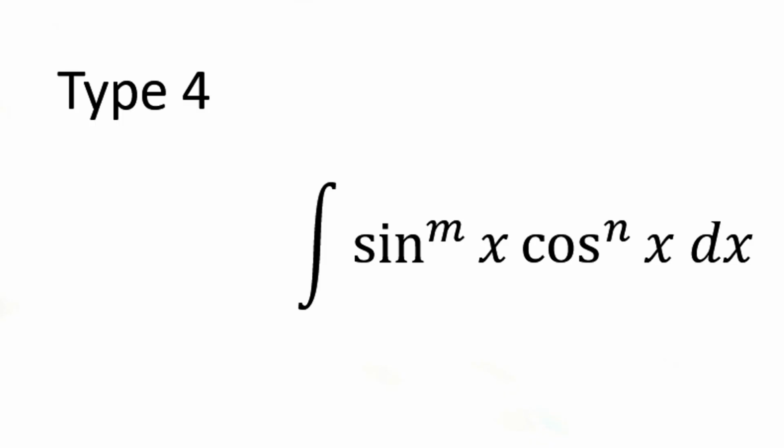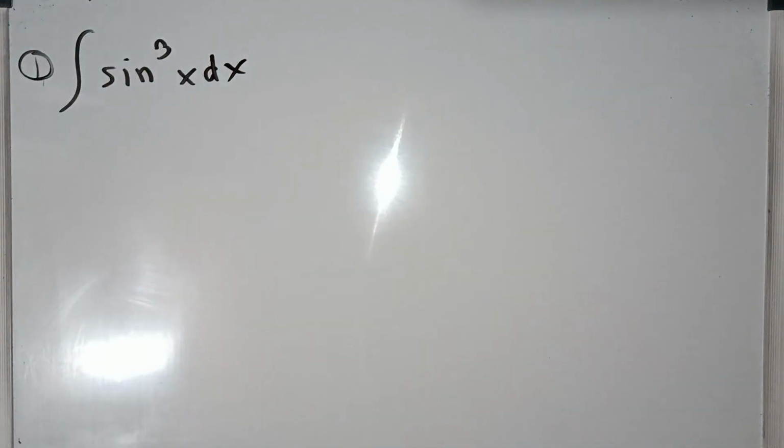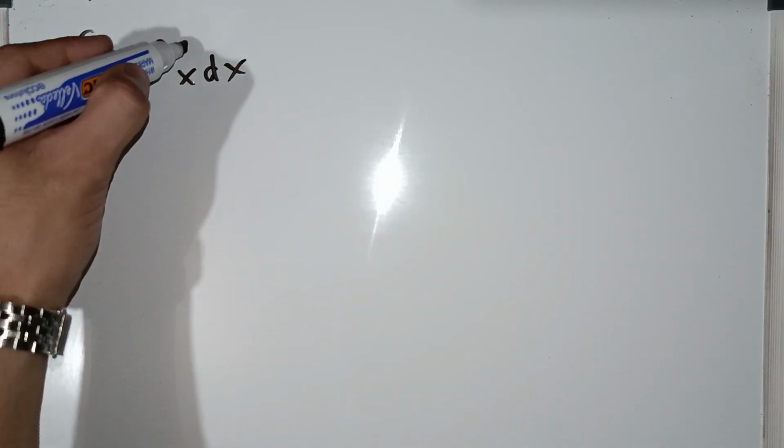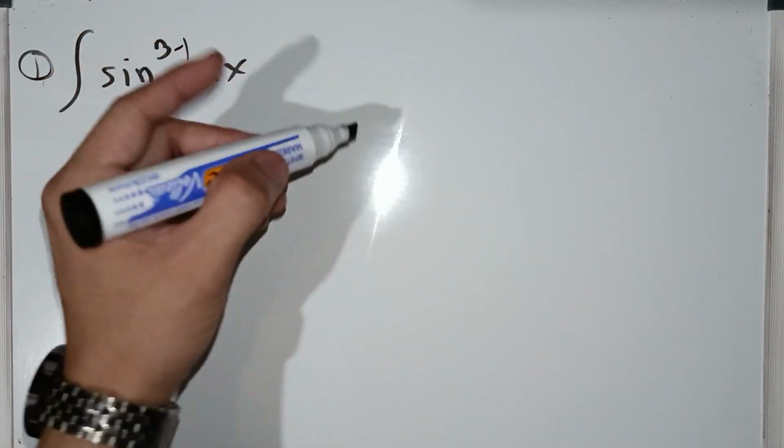To better understand, let's try to solve some examples. For our first example, let's try the integral of sine cube x dx. Since it is type 1, let's subtract 1 from the exponent, and let me erase this first.